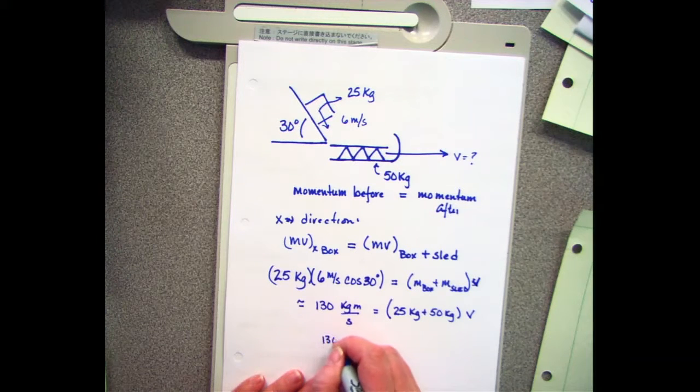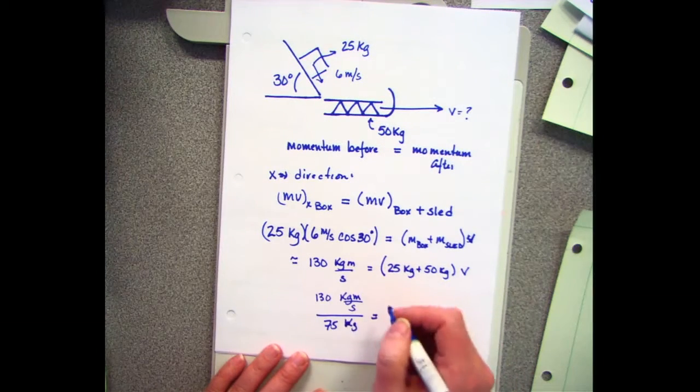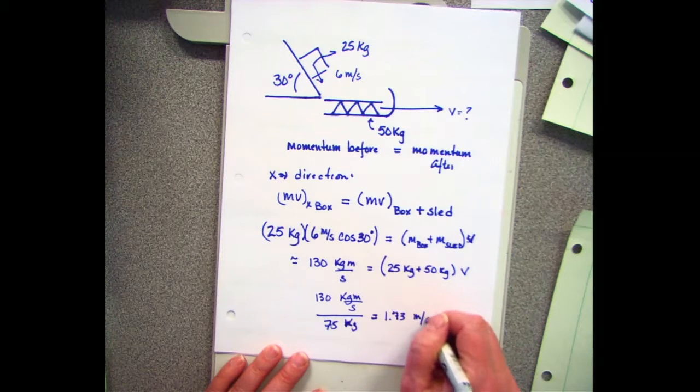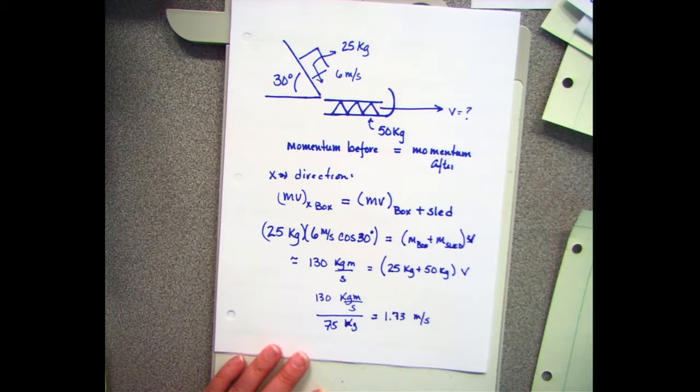So I'm going to get 130 kilogram meters per second divided by 75 kilograms. And that's going to give me 1.73 meters per second that the sled is going to go sliding off.